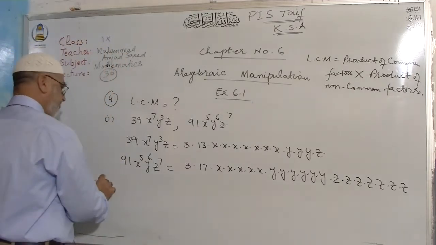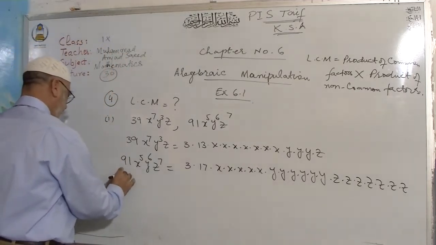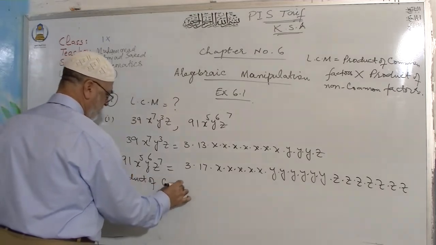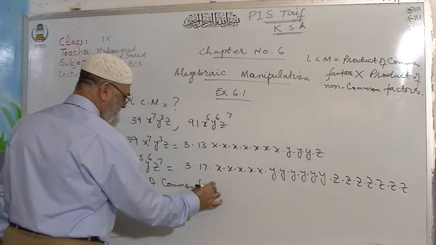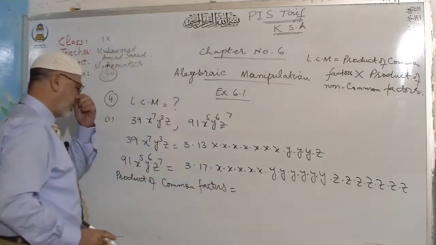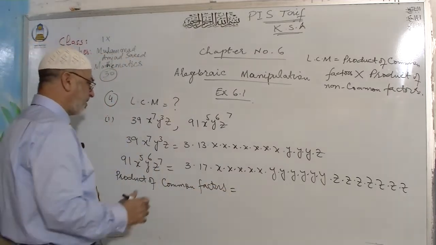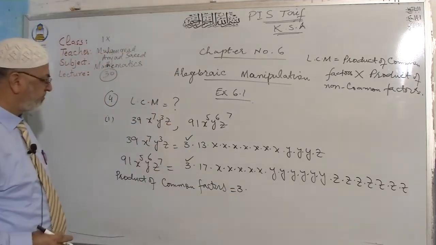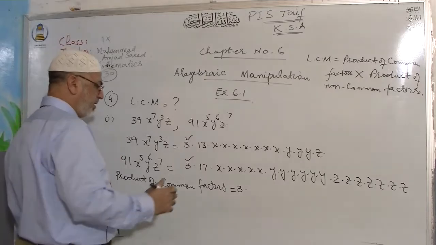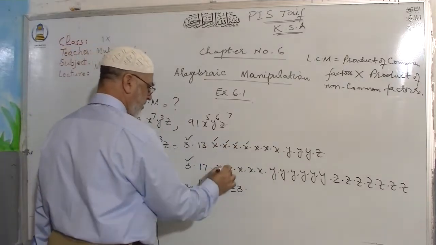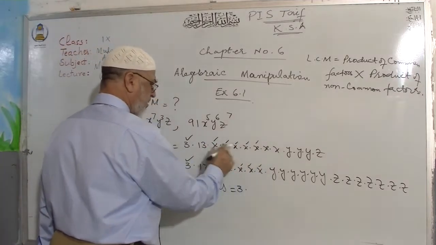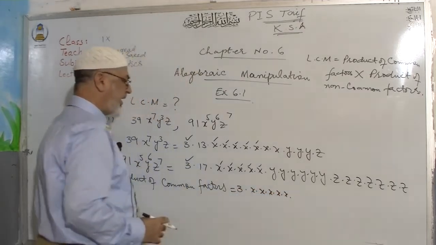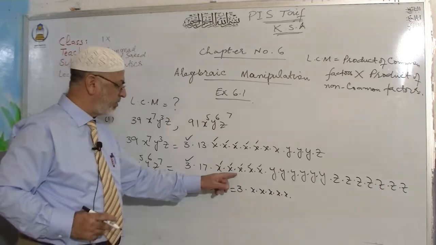What is the product of common factors? What are the product of common factors? 3 and 3 from both. X coming 5 times from both. 1, 2, 3, 4, 5.